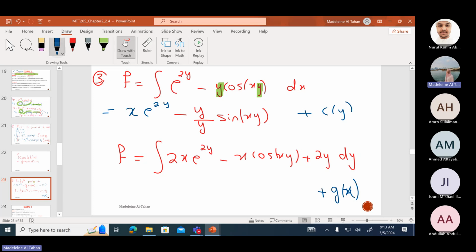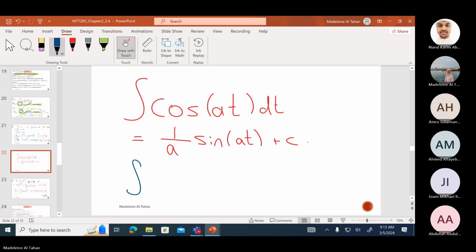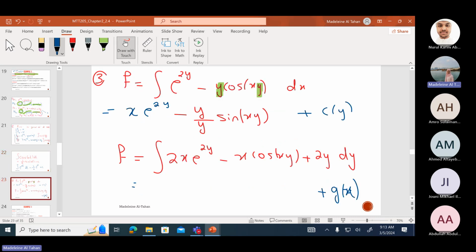Now let's find the antiderivative of the second one. 2x e^(2y) with respect to y. Again, the integral of e^(at) dt is 1 over a e^(at) plus constant. Do we agree? Right, miss? These are from the table of integration. So 2x e^(2y), 2 is the constant, we will get 2x over 2 e^(2y).